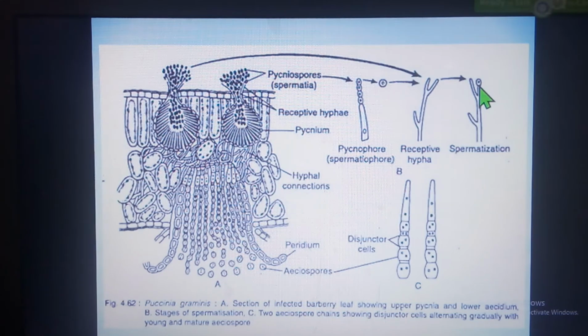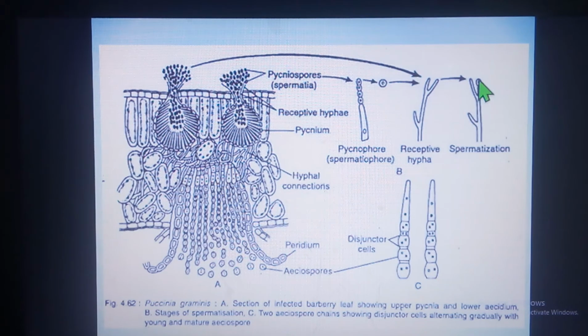The wall here will start to dissolve. The wall at this point of contact will dissolve, and the nucleus of this pycnospore, here in this case it's positive, this nucleus will pass through this flexuous hypha.